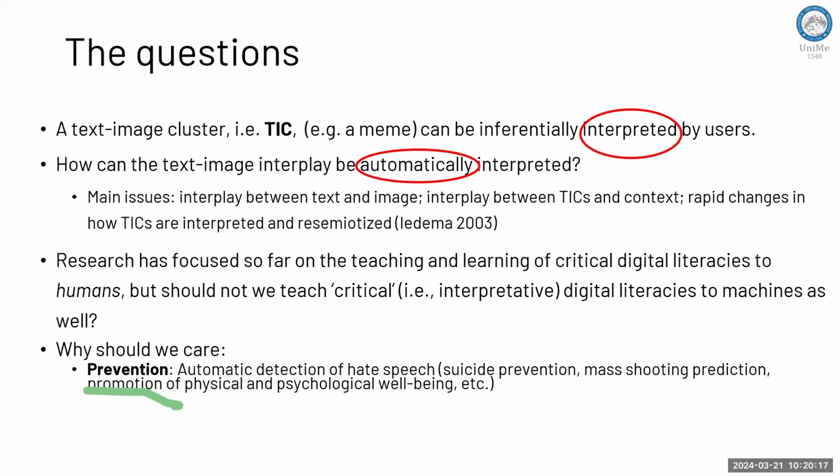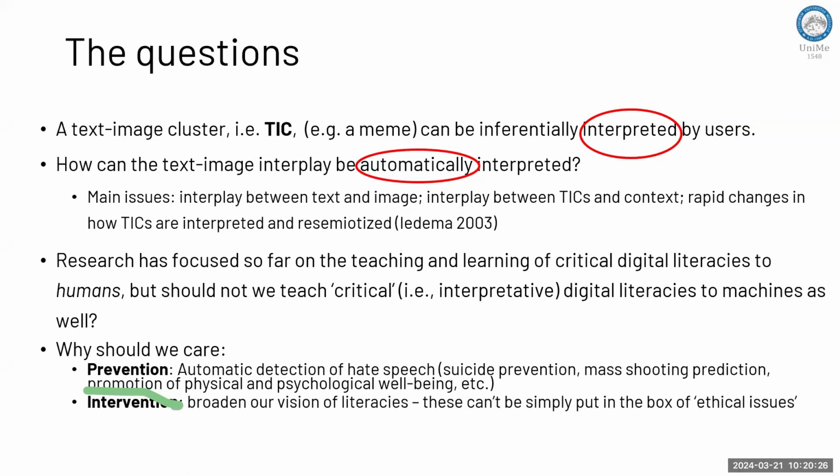In the case of fat shaming, this is an issue that has been threatening the well-being and the sense of self-worth of women. And intervention, and I don't know what this green line is over there. Okay. Intervention that broadens our vision of literacies. So literacies shouldn't be considered just as ethical issues. This is something a bit more complex, actually.